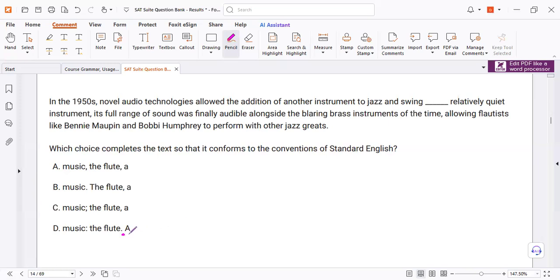The beginning is from here, because this is information describing something before. Look, the subject, verb, and then another element. From the beginning to the full stop, it's a complete sentence.